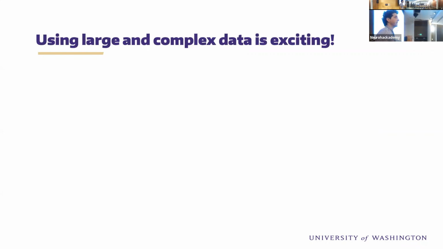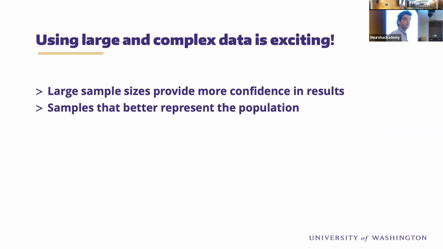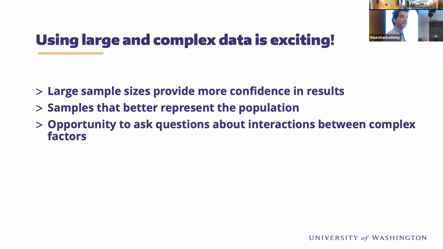Using these large and complex data, we can do lots of things that we couldn't do before. Large sample sizes that are available in these data sets provide more confidence in the results. And these are samples that better represent the population in some cases. And we can ask a lot of interesting questions about interactions between all kinds of complex factors that affect the brain and the way that the brain affects people's fate.